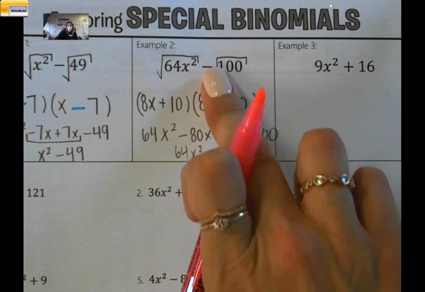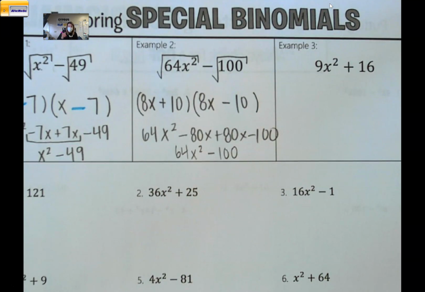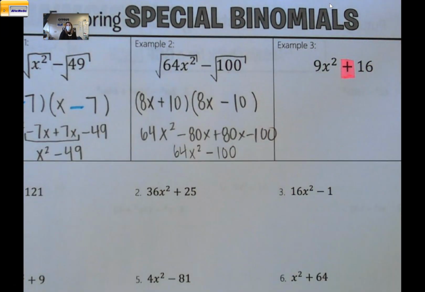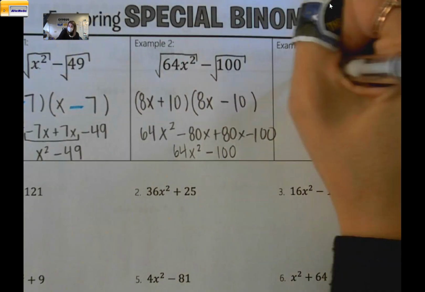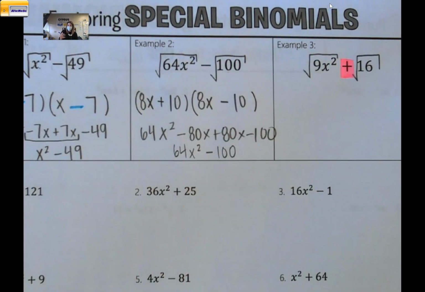What is the difference between these two and this one? It's a positive. This guy now, all of a sudden, we have a plus sign instead of a minus sign. So the process is the same. We root both terms.